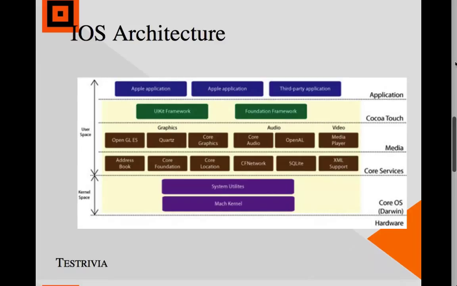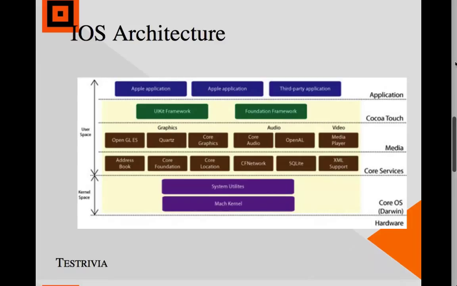That goes at the top, and you have the UIKit framework and the Foundation framework, made by what they call Cocoa Touch. There is again OpenGL ES, which is Open Graphics Library for Embedded Systems, Core Graphics libraries, Core Audio, OpenAL, and Media Player, for example when you're playing media.